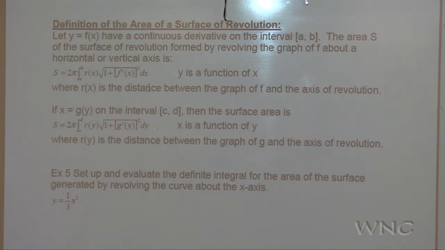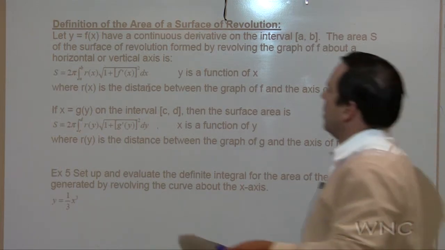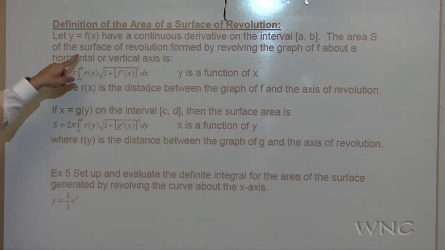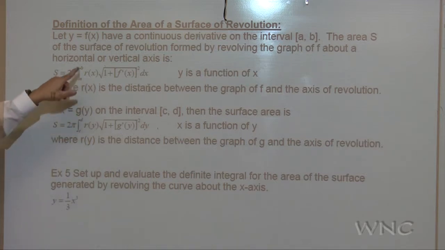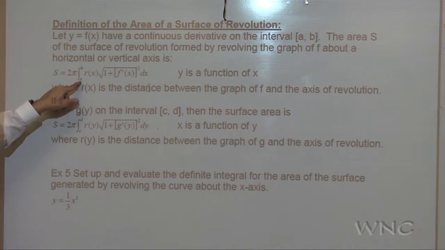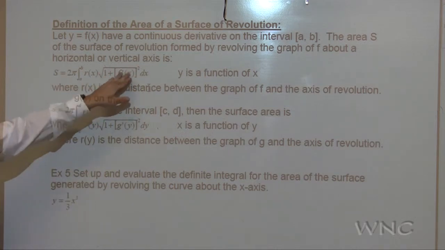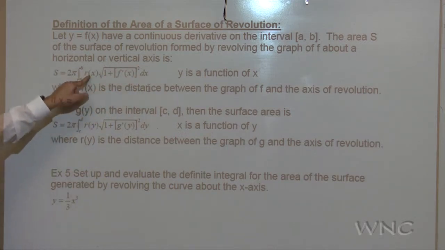Definition of the area of a surface of revolution. Let y equals f of x have a continuous derivative on the interval from a to b. Let the area S of the surface of revolution formed by revolving the graph of f about a horizontal or vertical axis be S equals 2 pi times the integral from a to b of r of x times the square root of 1 plus f prime of x squared dx. So this part's what we've seen before. Now we have r of x, which is our radius.